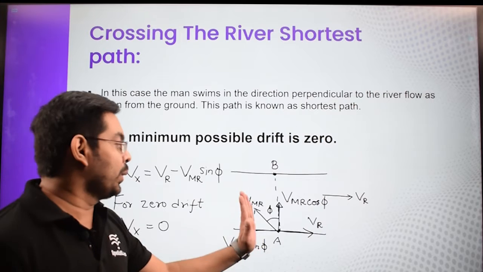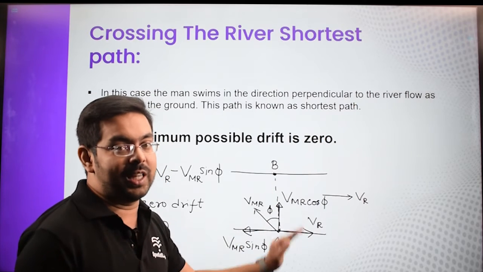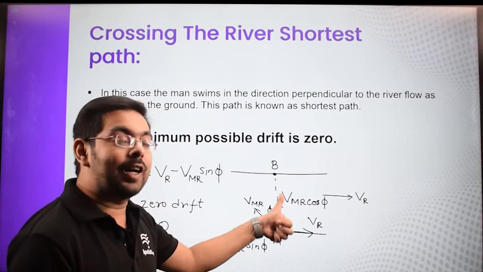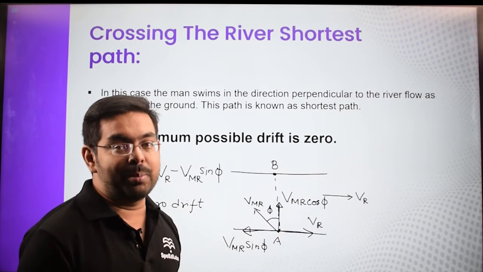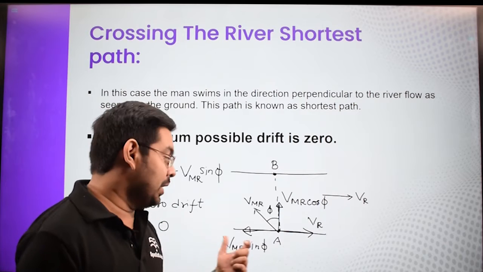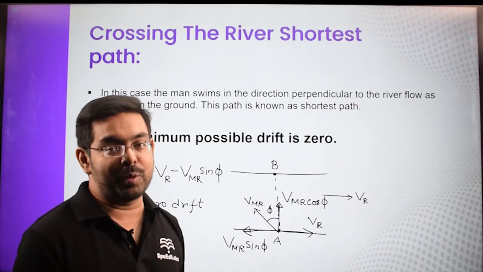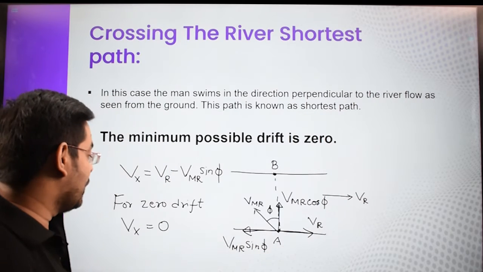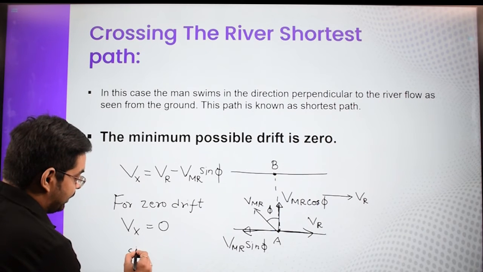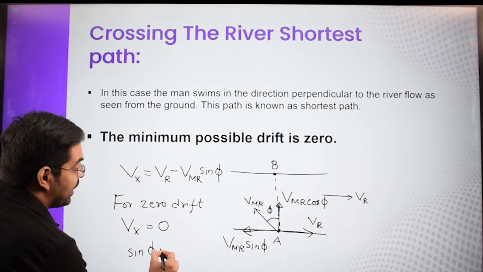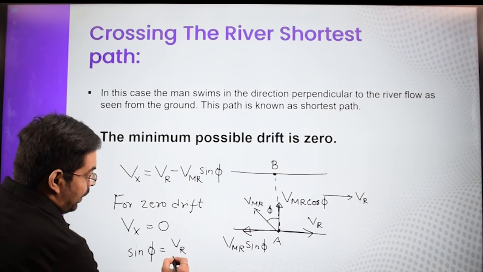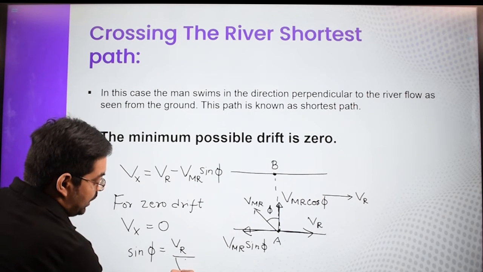In that case, only the velocity Vmr cos theta along line AB will help him cross the river, and the velocity in the x direction will become 0, so the drift will become 0. So from here we will get sin phi equal to Vr upon Vmr.